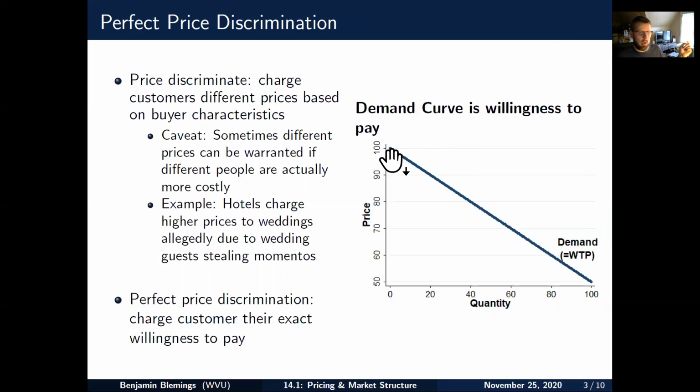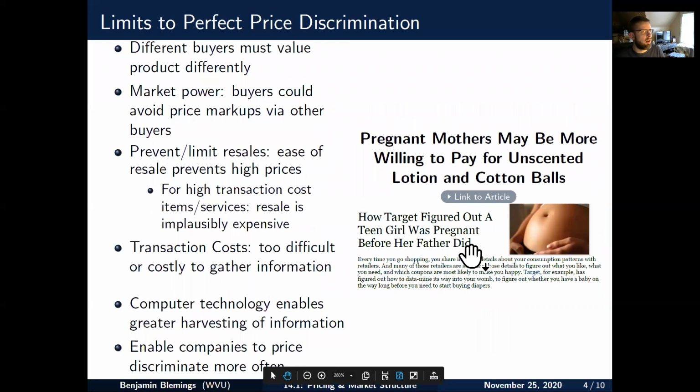Everyone who's willing to pay $100, they charge $100. And all the way down the demand curve until they meet their marginal cost curve. Then they stop because it's too expensive compared to how much they'd get. Remember that this demand curve is just the representation of all the customers' willingness to pay, and it is the demand curve the monopolist is facing because they're the only seller in the market.